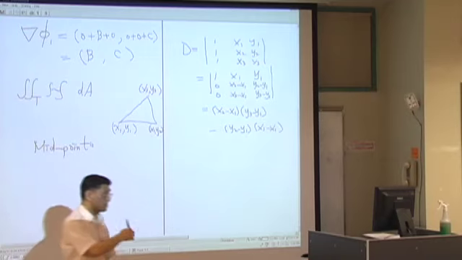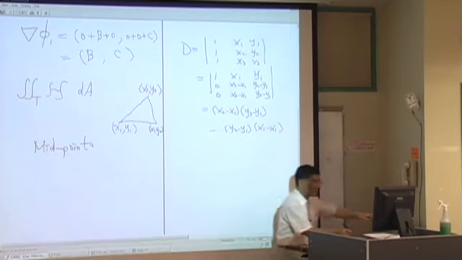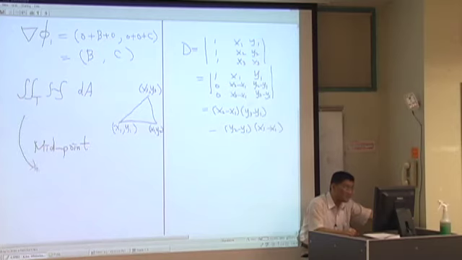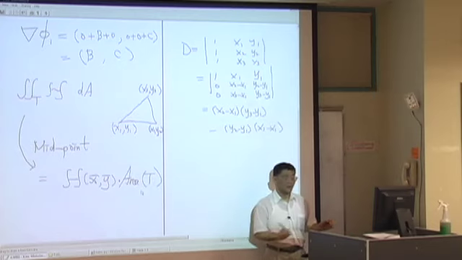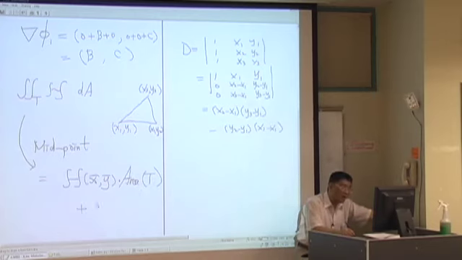That's the one we will use. So this integral becomes the midpoint value used. What is the midpoint? The very center is the midpoint, multiplied by the area of the triangle, right? I use T for the triangle. This is the one.